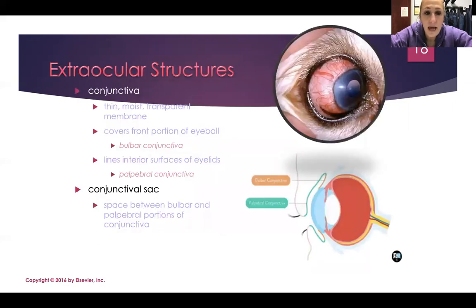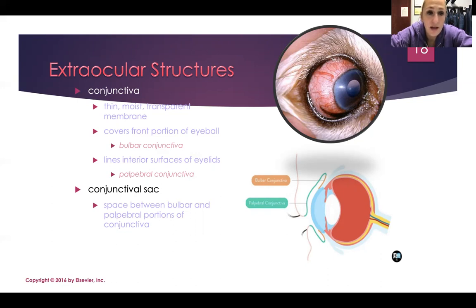We're going to talk a little bit about extraocular structures, so structures outside of the eye. I have a couple of definitions that I want you to jot down so you can help break down these words. Bulbar, B-U-L-B-A-R, means eyeball. Palpebra, P-A-L-P-E-B-R-A, palpebra or palpebral with an L on the end, means eyelid.